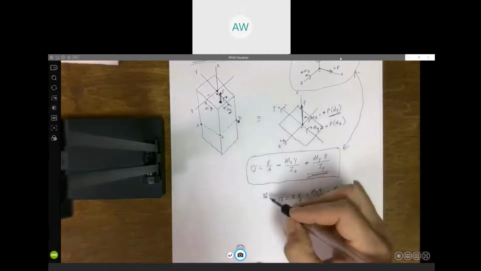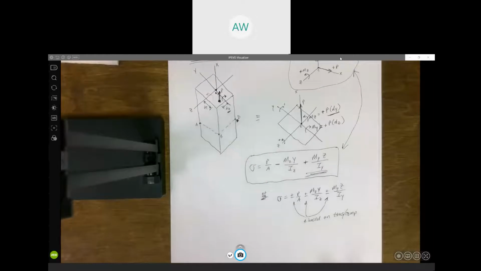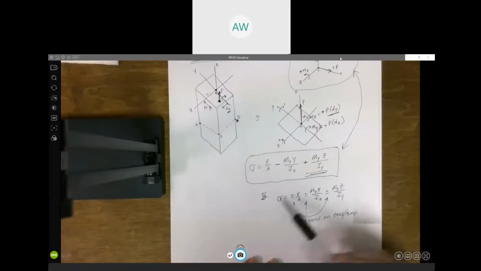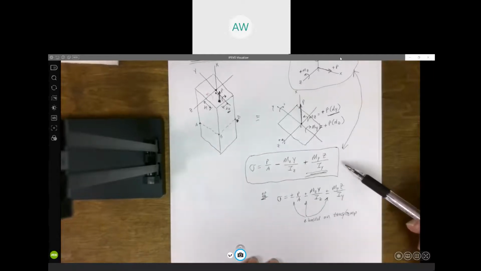So that also works, and I think I mentioned this yesterday. I think it's worth your while to understand this approach. Even if you want to use the sign convention and plug in this formula, that is fine. That is a great way to make sure you get all your signs correct.